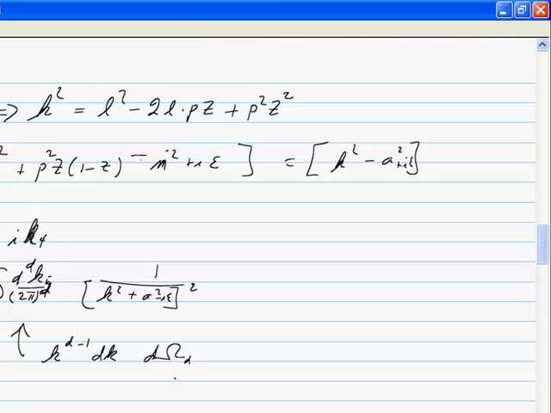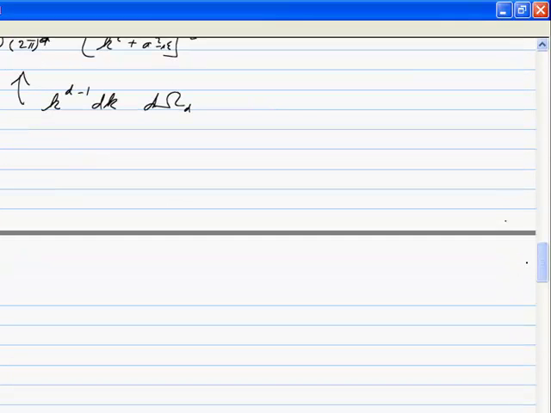Now, k to the d minus 1 is easy to let be fractional dimensions, but how do you do an integral over a fractional number of angles? Well, let's do it.